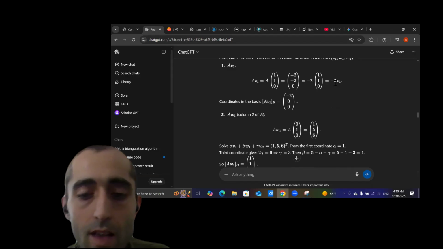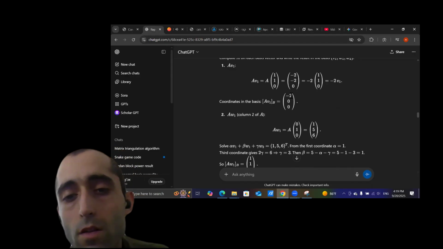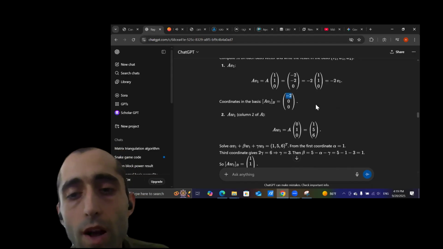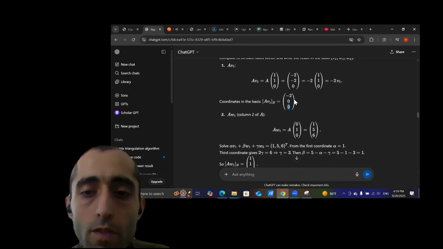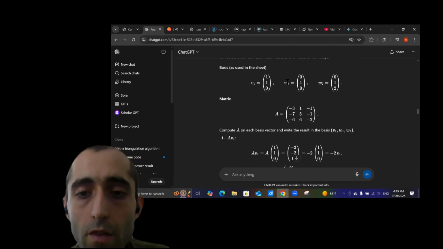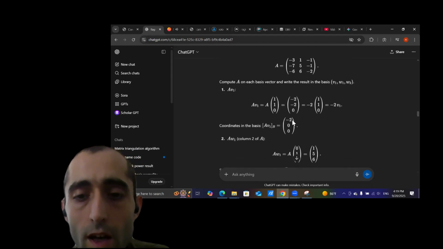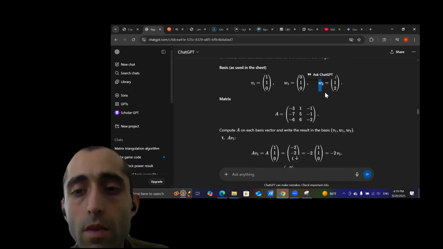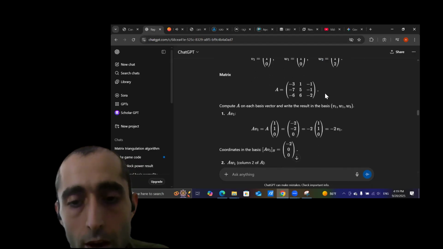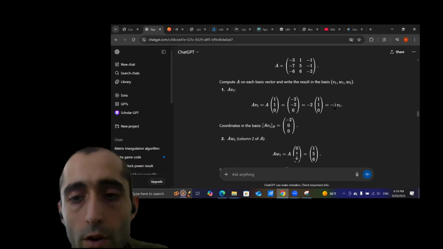So we take this as a column, and the first value in the column is for V1. The second value is for the second vector in the base, namely W1. And the third one is for the third vector in the base, namely W2. Now, for V1, we have minus twice V1.